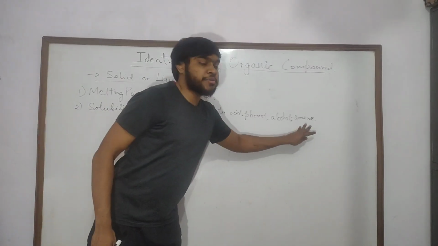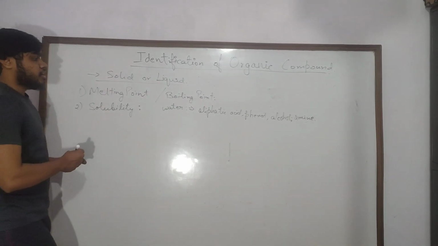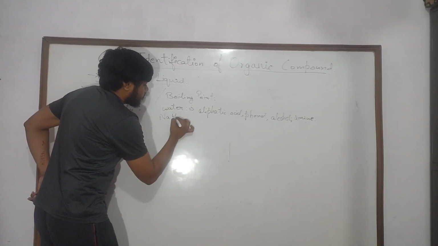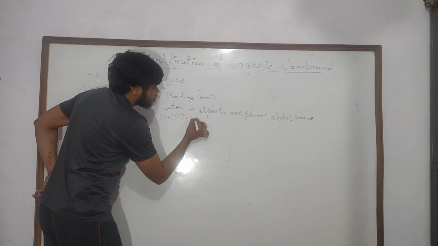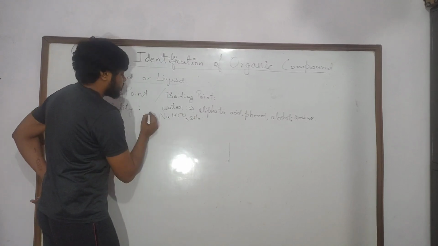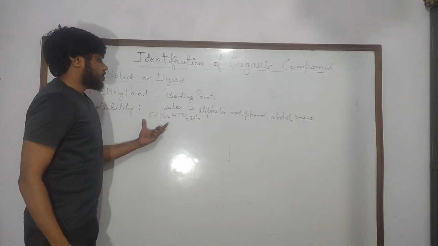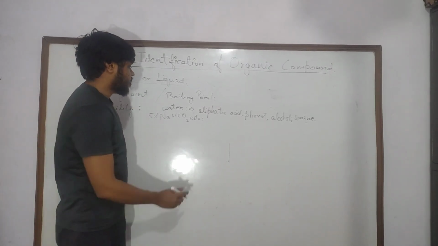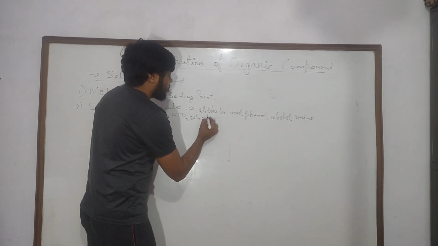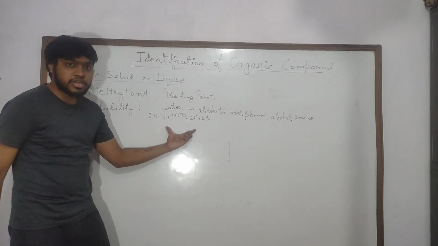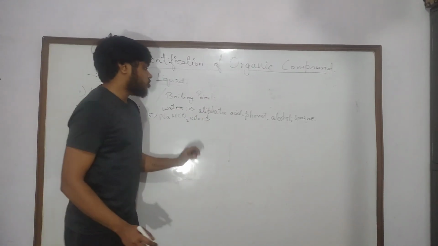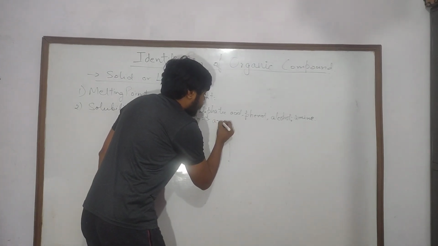Mainly aliphatic amine. Okay. The next step we take is sodium bicarbonate solution. It is generally 5%. We check the solubility in sodium bicarbonate solution. So if the compound is soluble in sodium bicarbonate solution but insoluble in water, it could be an aromatic acid.